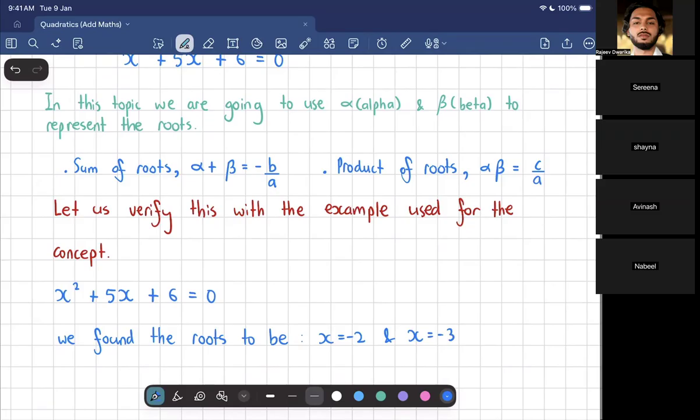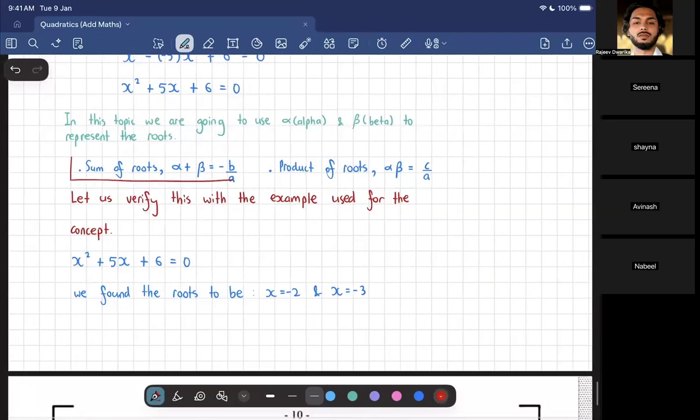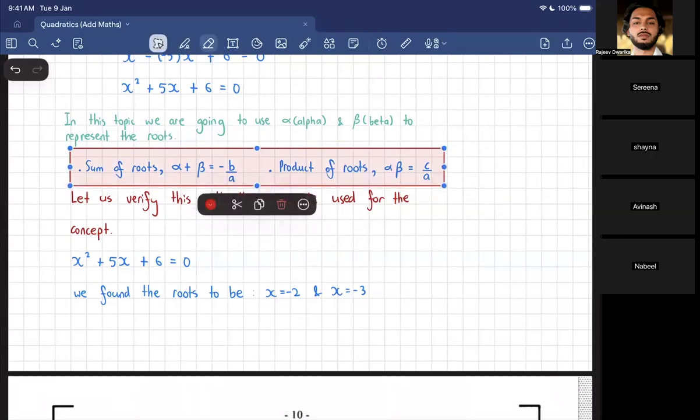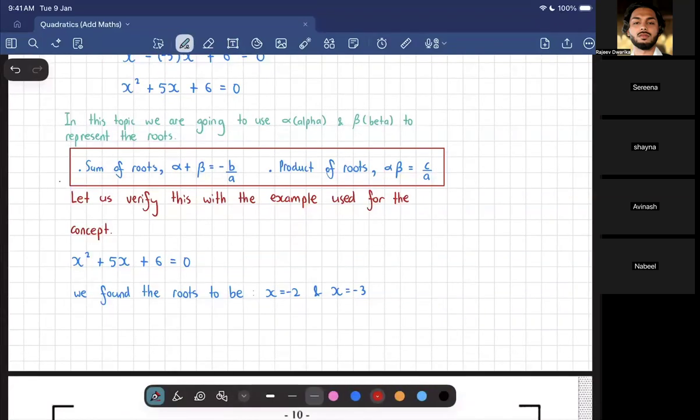Yes or no? Yes, sir. Right. So we just tested the formulas. And please, guys, you have to remember these formulas. Please, please, I beg. These formulas you have to remember. And we're going to test it now.